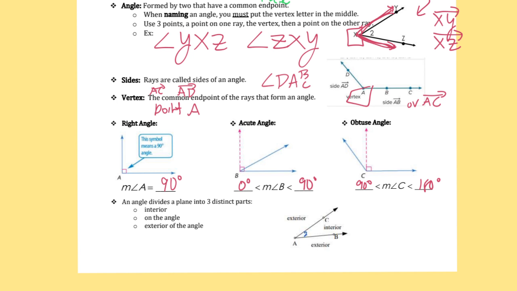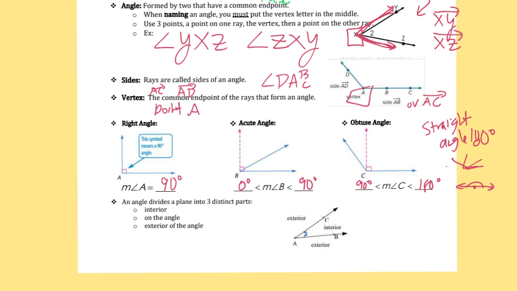And remember, a straight angle is 180 degrees. So if you open the angle all the way, like a book, it's going to be 180 degrees.